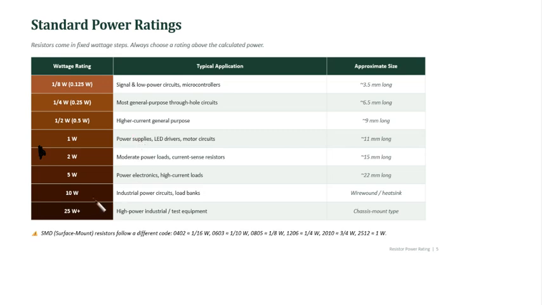So these higher power rated resistors are used for higher power industrial loads and circuits. Now, SMD resistors, surface mount resistors, follow a different code. They don't follow these resistors.